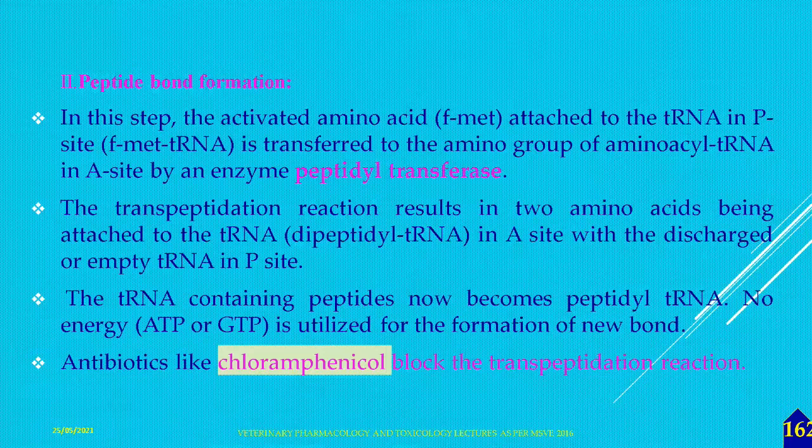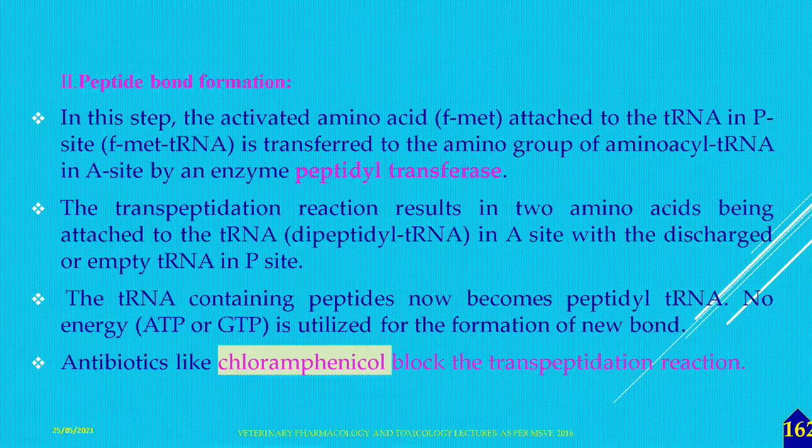The tRNA containing the peptides now becomes peptidyl tRNA, and no energy, ATP or GTP, is utilized for the formation of the new bond. Antibiotics like chloramphenicol inhibit the transpeptidation reaction and arrest the growth of the bacteria.